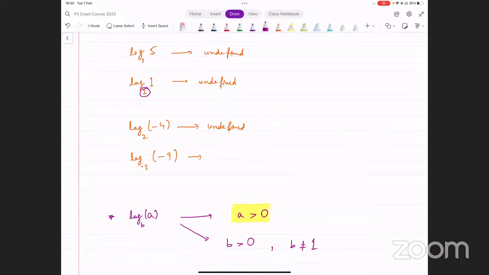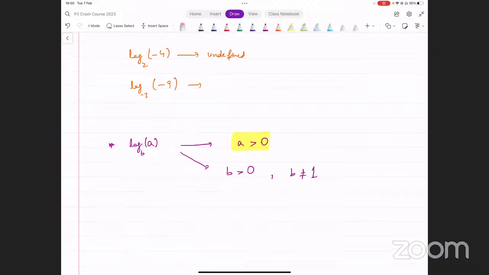If you have 1 as the base, 1 power anything is always 1. So log with base 1 is not defined for that reason. And since negative numbers do not have all of their powers defined, that is why this base can also not be negative. All right. So these are some conditions that you need to know of.